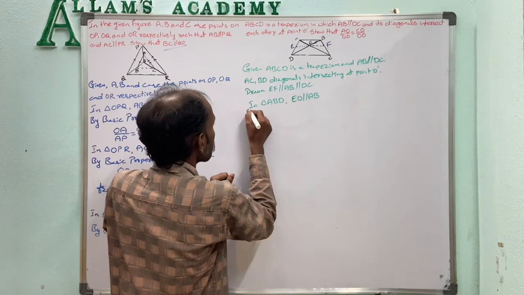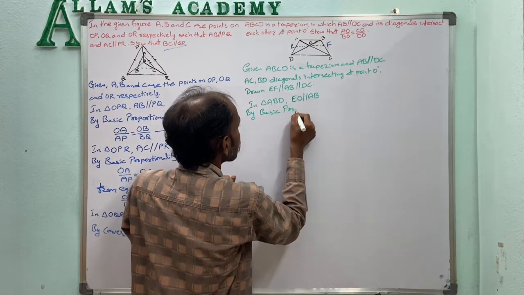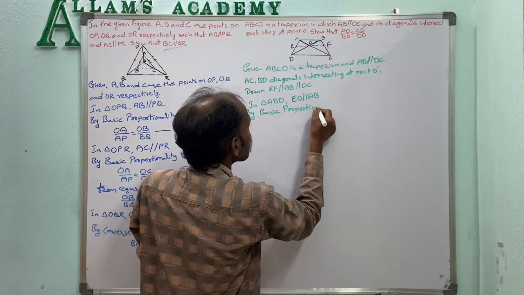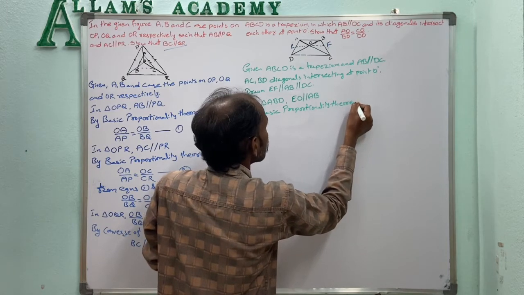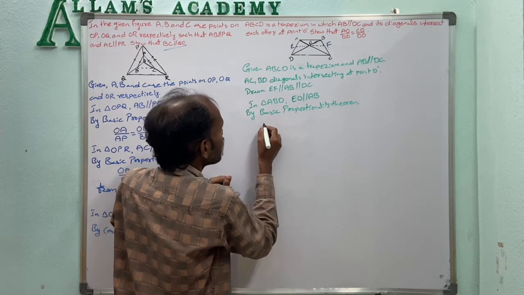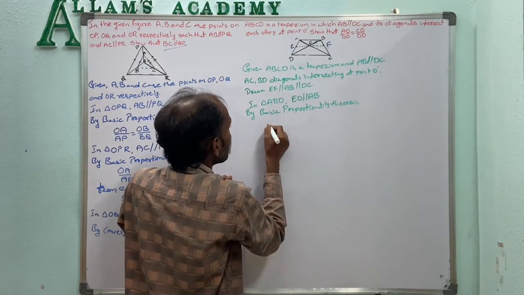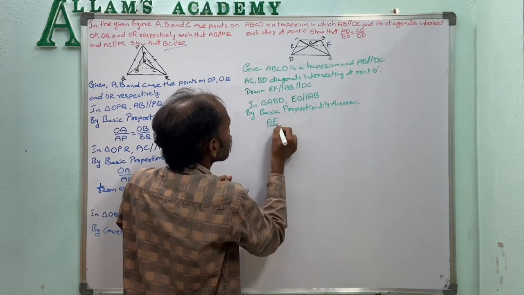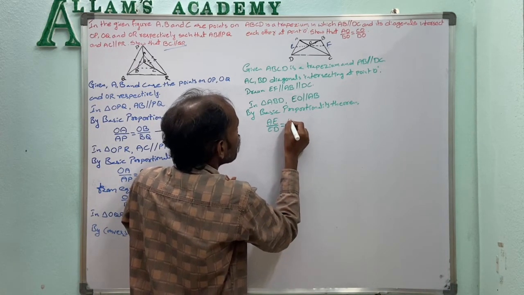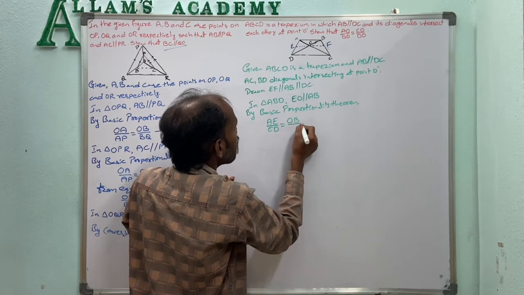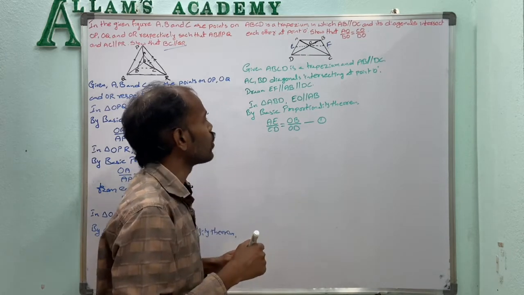So by the basic proportionality theorem, we can write in triangle ADB, AE by ED equal to OB by OD.